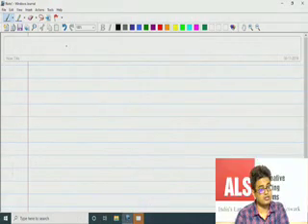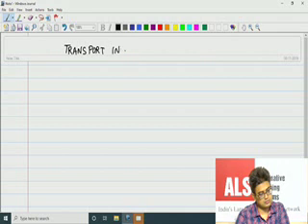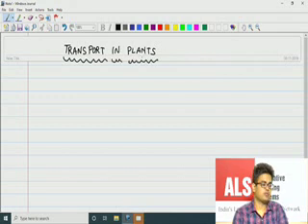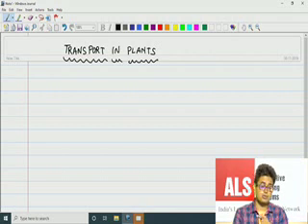Dear students, in the last class we had covered up till the long distance. We had started the long distance transport of water, transport in plants. When we talk about transport in plants, short distance transport had already been covered: osmosis, water potential, used to measure osmosis.